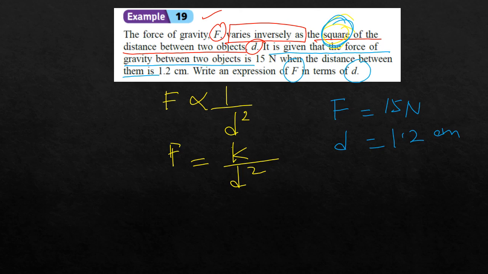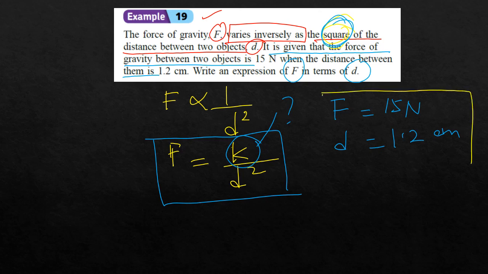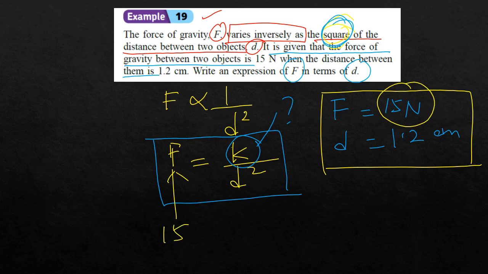Okay, this is the expression actually, but it's not complete yet because you have to find what is your k. So this info will help you. So what you do, you just substitute. Your f is 15. Okay, write back. D is 1.2 square.